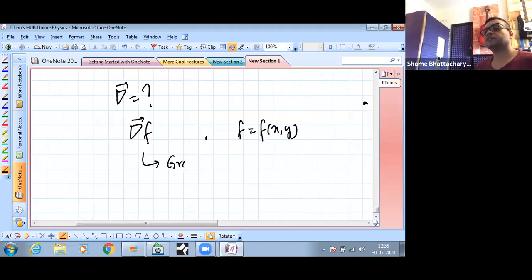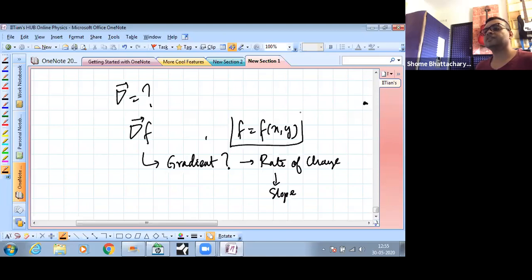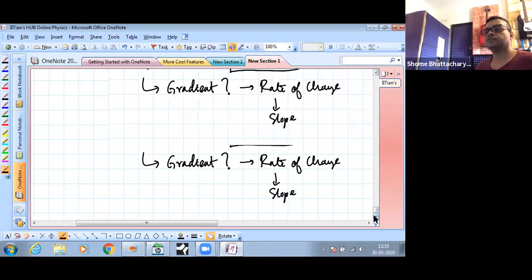It gives us what is called the gradient of that. The gradient is nothing but rate of change, so it is some kind of a slope. But you have to understand here, the function is a double variable function. So how do we actually visualize slope? That is the thing you have to now understand.